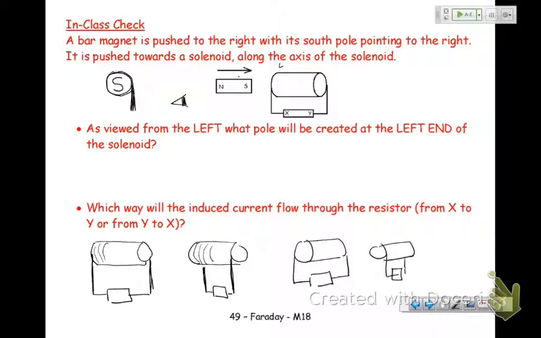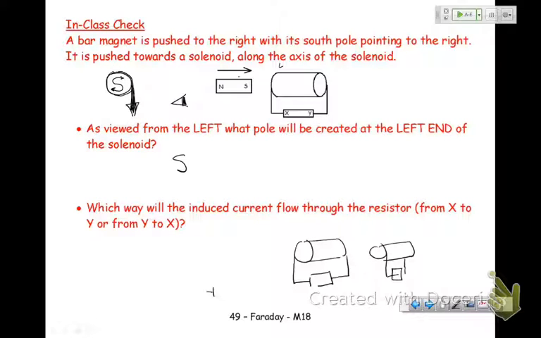South. Now, with your sense of traffic, if I'm going round a circle like this, which way will the current flow in this wire? Will it be up or will it be down? Down. So we say, as viewed from the left, what pole will be created at the left-hand side? That's the south.